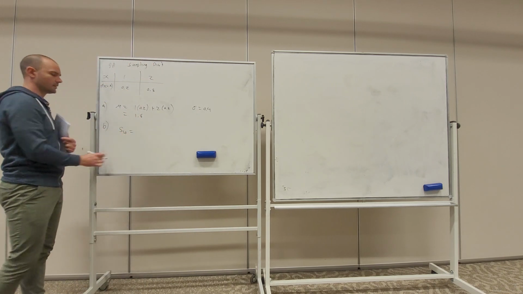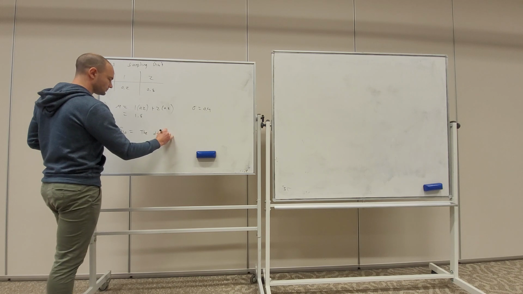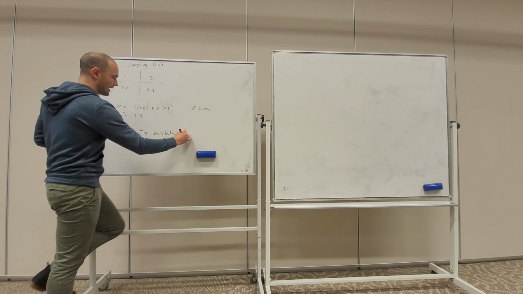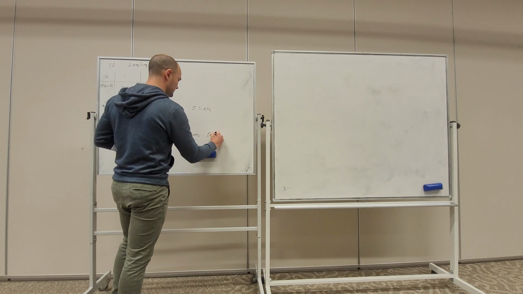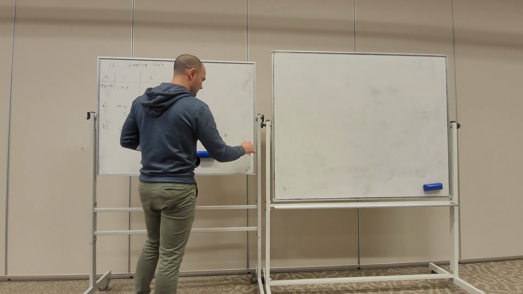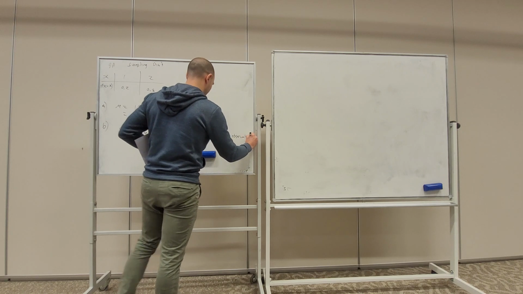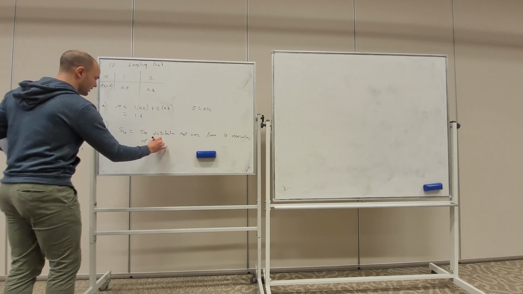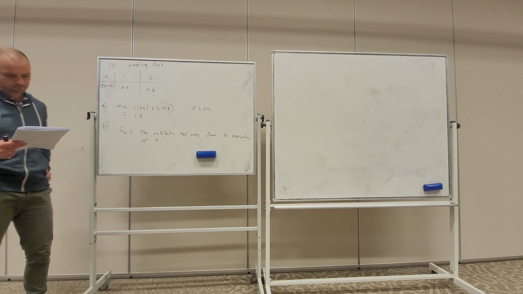So let's articulate that: S10 is the distribution that arises from 10 observations of x, the sum of 10 observations of it.